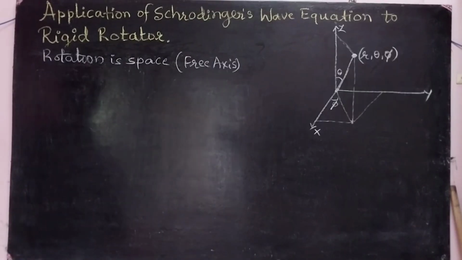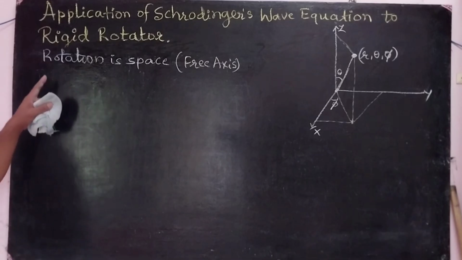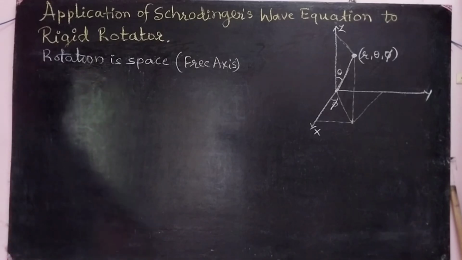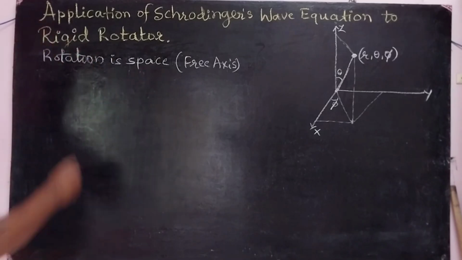Now let us study the application of the wave equation to a rigid rotator rotating in space, means three axes, means both theta and phi are varying.